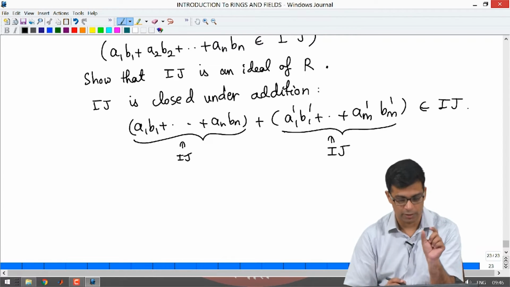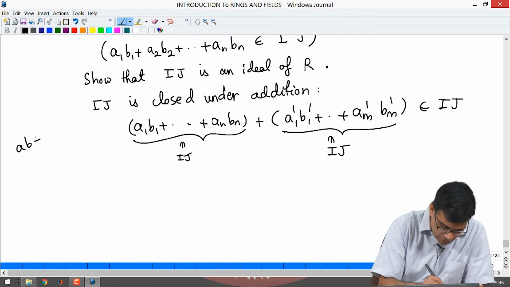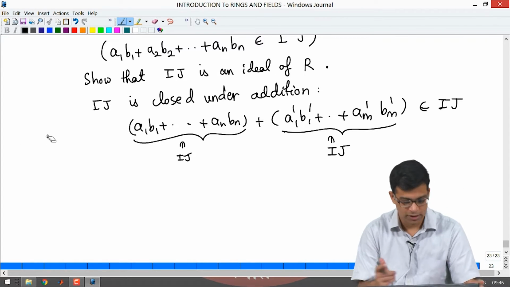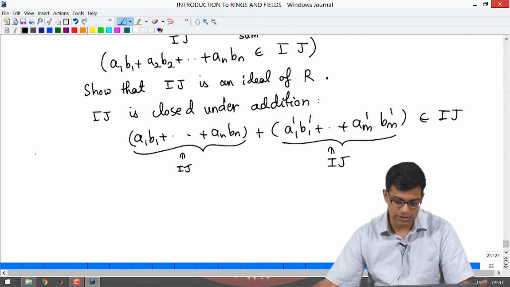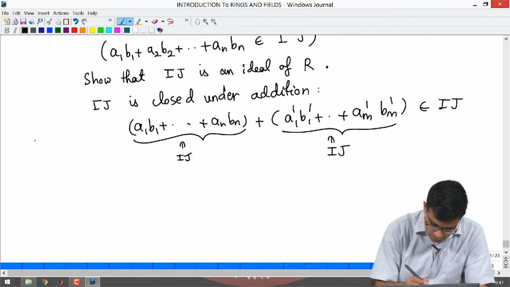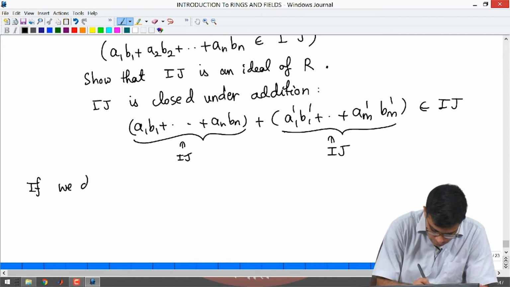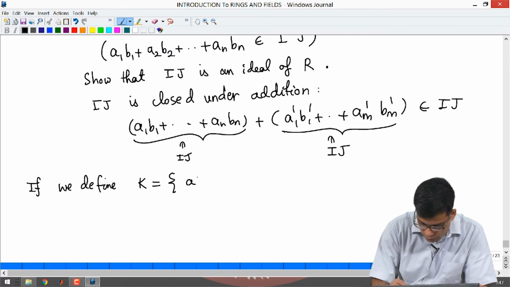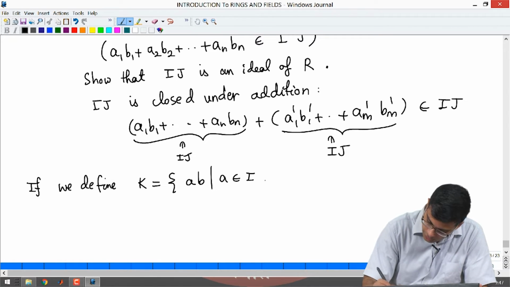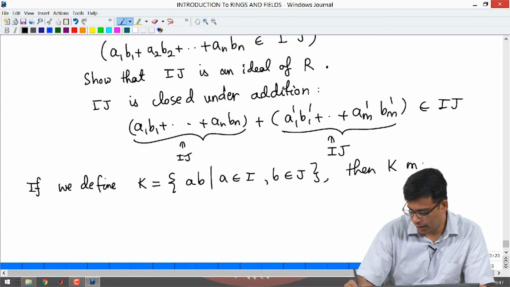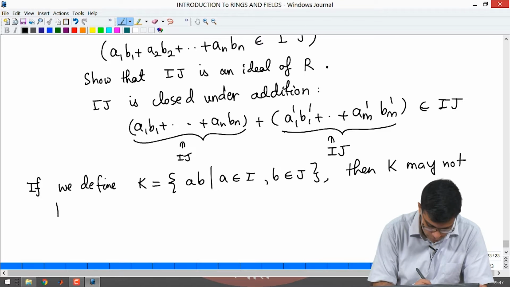This also tells you why a single term is not enough. What I mean is, if you define an object K to be not sums like this, but just a single term ab, where a is in I and b is in J, then K may not in general be closed under addition.